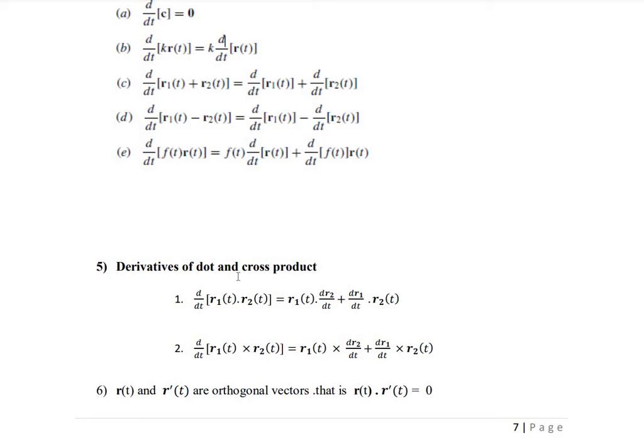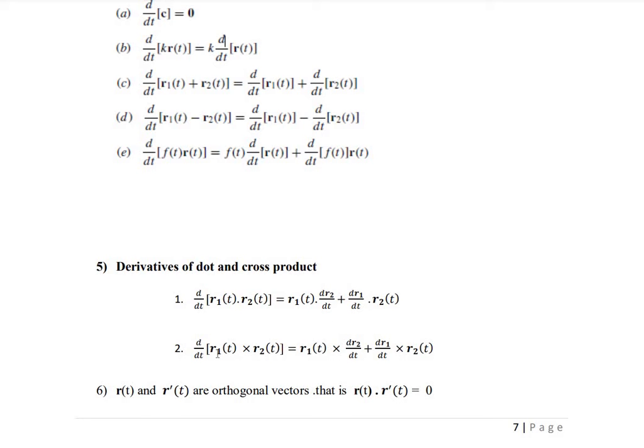Then derivative of dot product, d by dt of dot product of two vector valued functions r1 of t and r2 of t, will be equal to r1 of t dot derivative of the second vector valued function plus derivative of the first vector valued function r1 dot the second vector valued function r2.